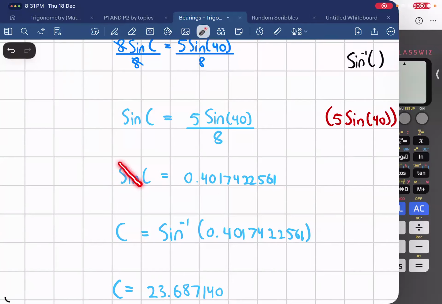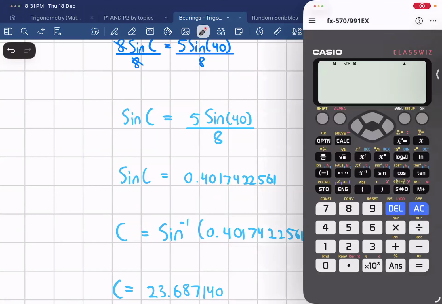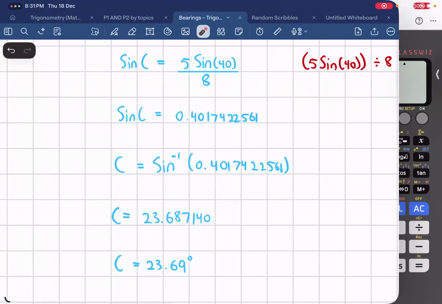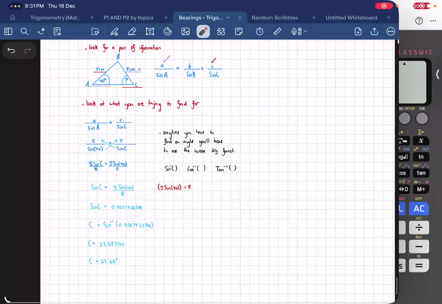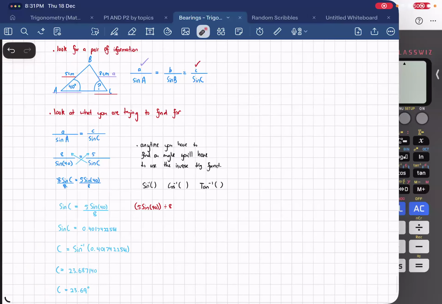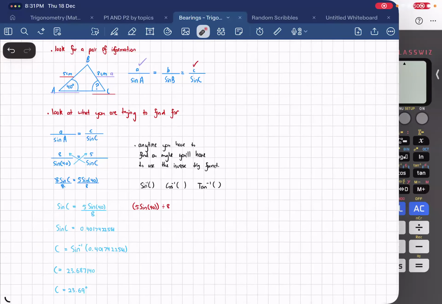The sine and the sine inverse cancel off, leaving me with C. If you're a Sharp user, press second function, sine. If you're a Casio user, press shift, sine. Is everybody okay with the question? Let me know if anyone is confused.